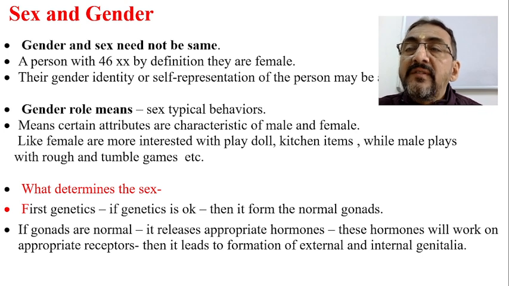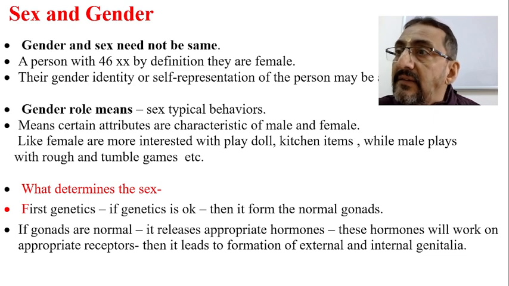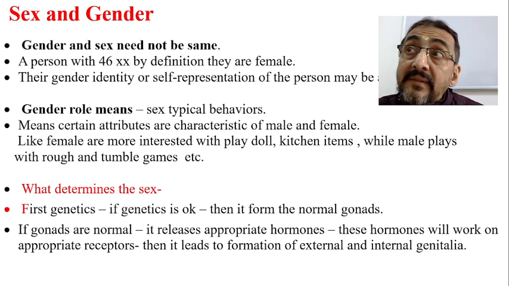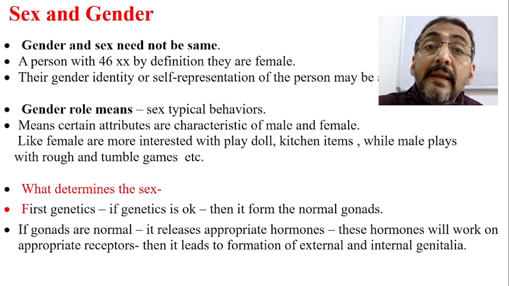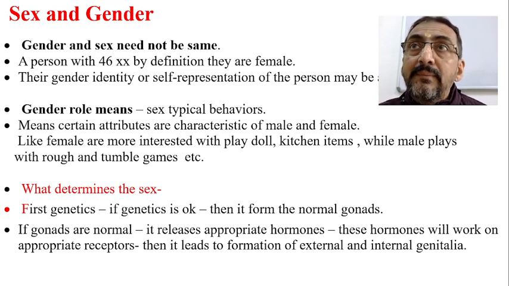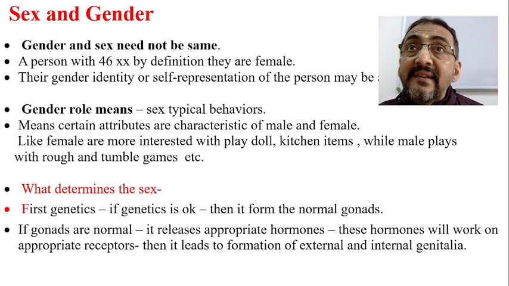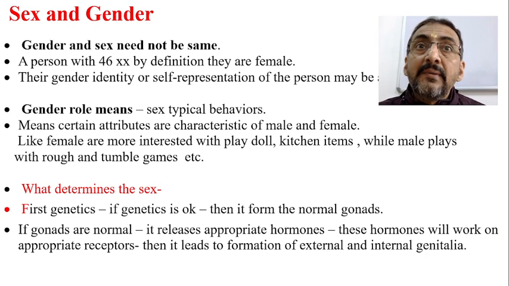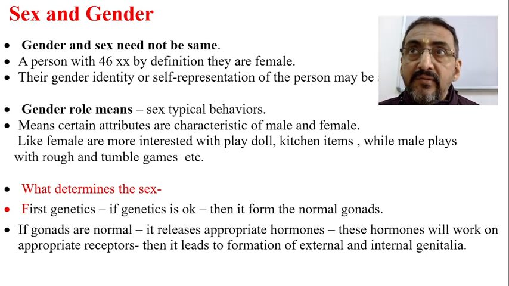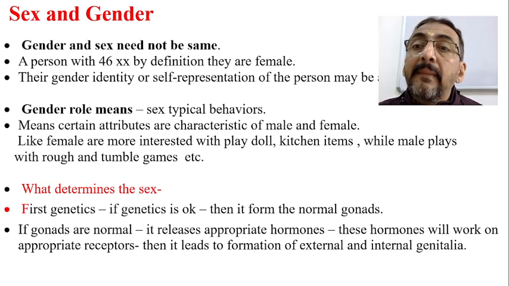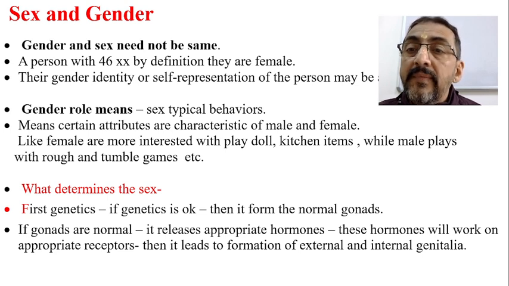By definition, the genotype is definitely female, but sometimes the gender identity may be that of a male. That is how he behaves in society. If he behaves like a male, dresses like a male, and his activities are just like a male, society will receive him as a male, although genotypically he is a female.